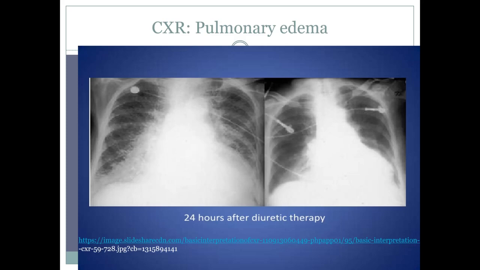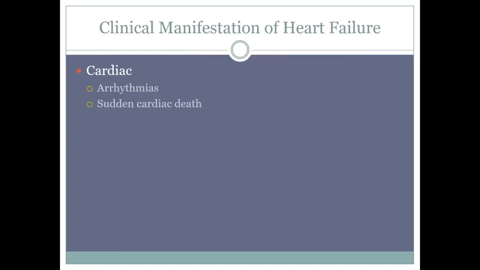Heart is still pretty enlarged here, but you can see the clearance from a pulmonary edema standpoint. Okay, so that's what we hope to see when we're giving diuretic therapy. That patients then can get rid of that pulmonary edema and begin to oxygenate properly.